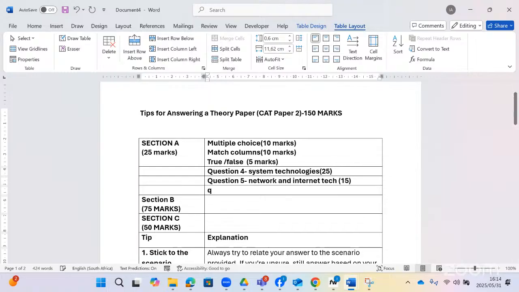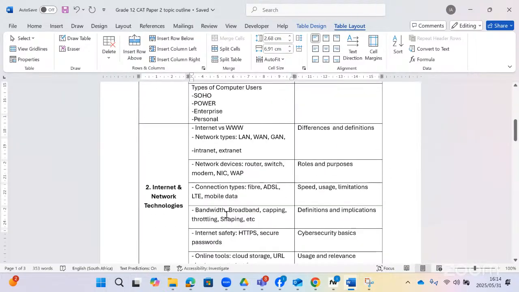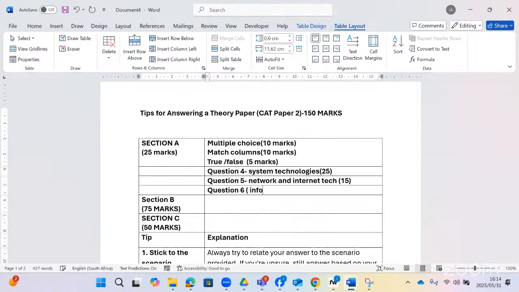And then question 6. Let me check here, question 6 will mostly be information management, mostly PET, information management, and it will also be out of 10 marks.